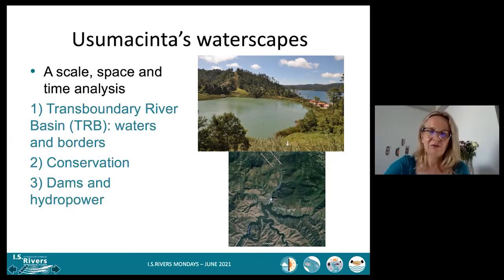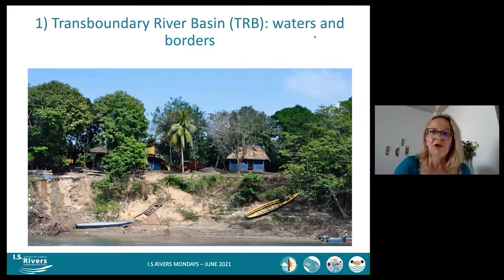Secondly, the topic of conservation. We're on the Mexican side in a protected area on this photo. And then thirdly, we're going to look at hydropower and dams in the river.